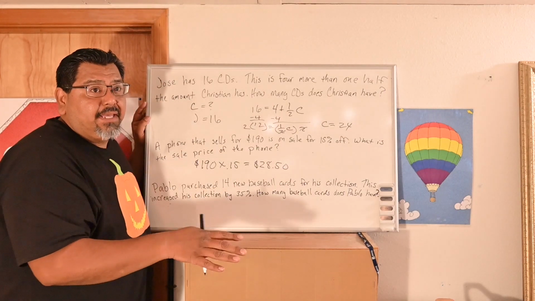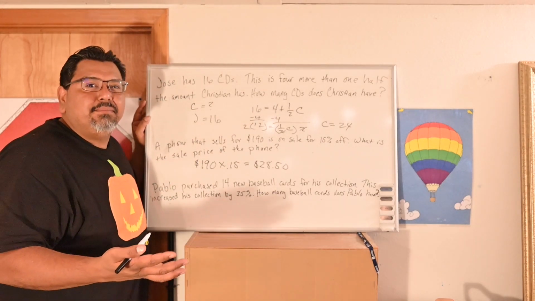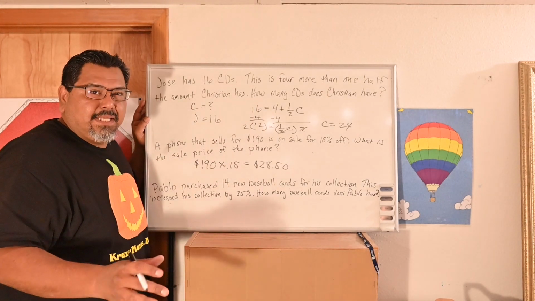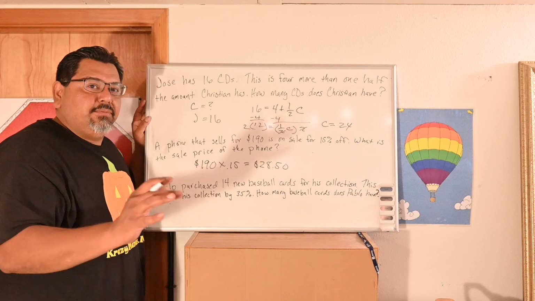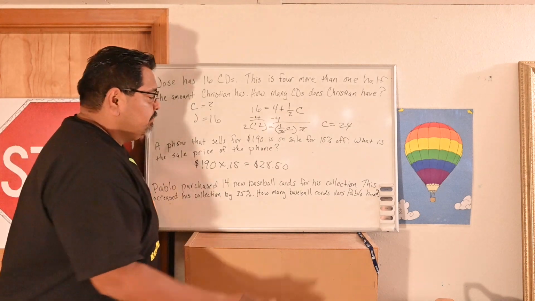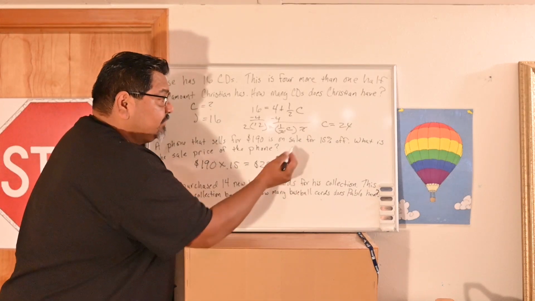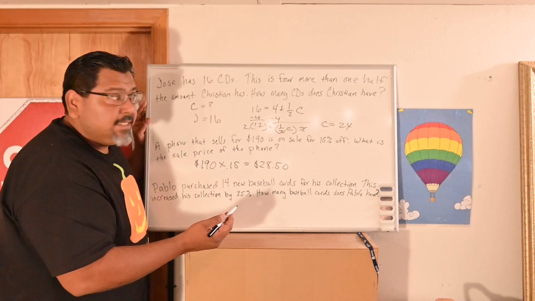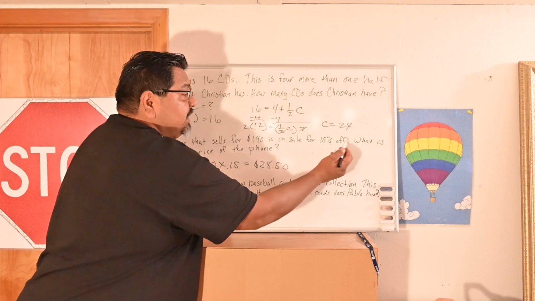I already took care of the math. Don't get intimidated by people that are doing math a lot faster because there's tricks and things, and we'll go over some of them, but for right now, we wanted to look at the words. So now we know that 15% of 190 is $28.50. We want to make sure, what is the sale price when we take it off?